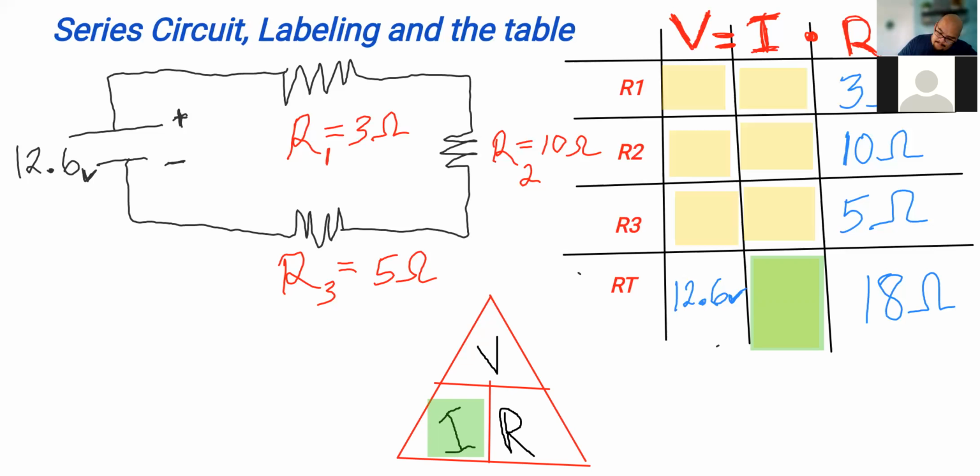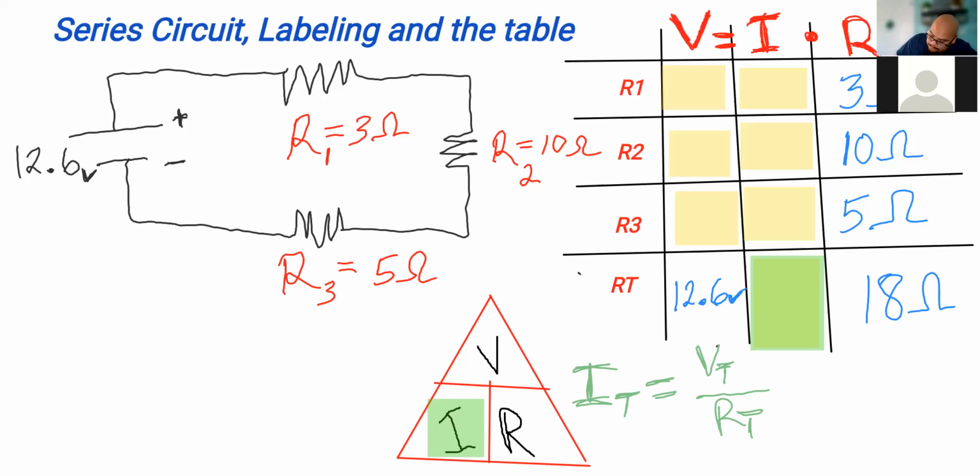So we're going to have here I_T equals V_T over R_T. Okay? And we have that information.